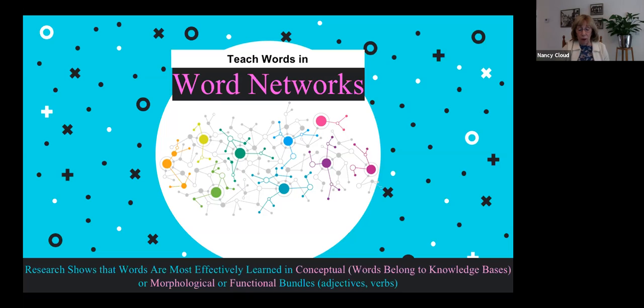Then there's morphological bundles where they learn word parts, prefixes and suffixes, and root words, and they start to see those parts, and we can teach a whole family of words that uses the same root or the same prefix or the same suffix. And we can also teach words in functional bundles, such as adjectives or verbs.